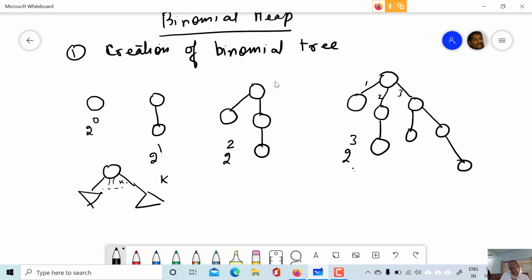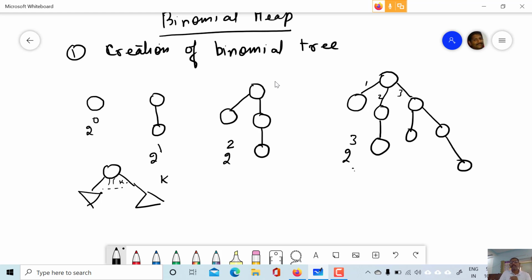So the first child is having degree 0, the second child is having degree 1, the third child is having degree 2. Okay. So there is one more rule: if a binomial tree is having degree k, then its children's degree will be varying from 0 to k minus 1.